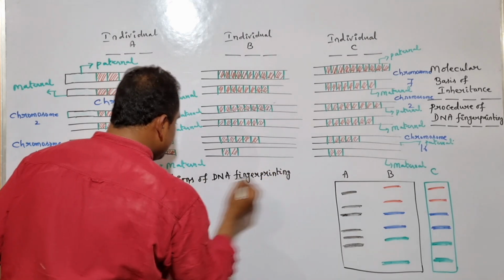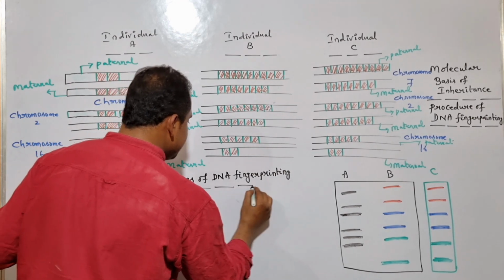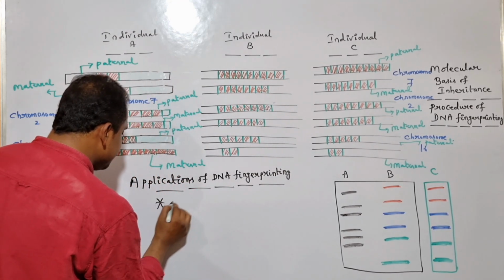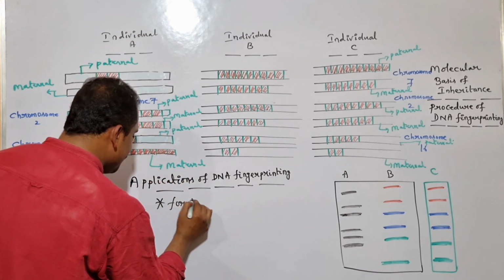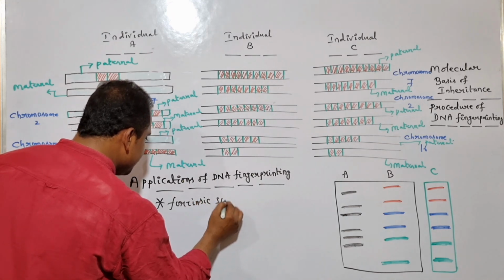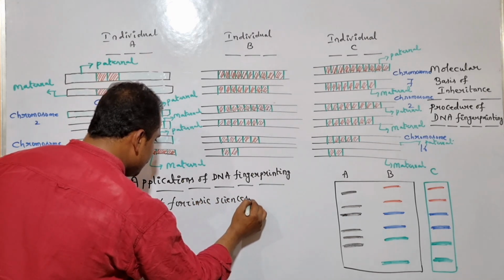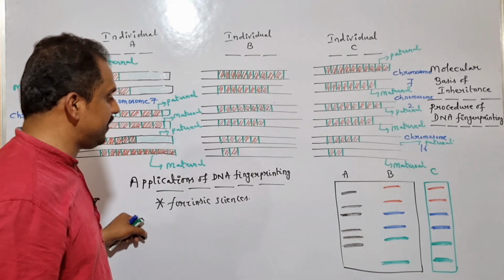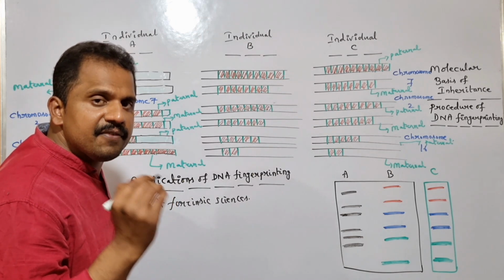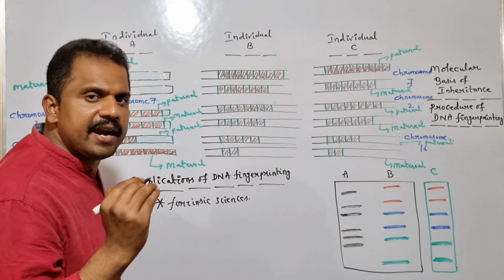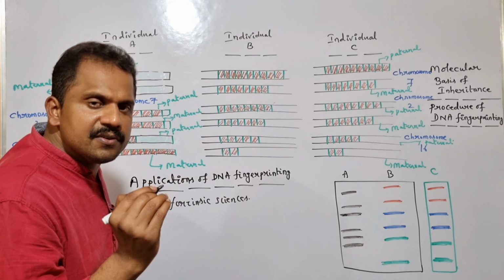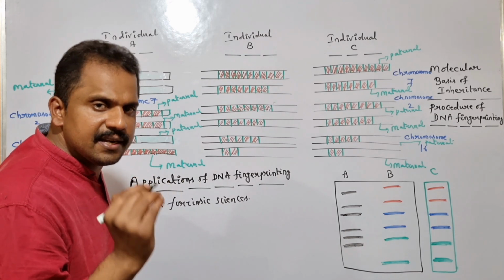It is most commonly used in forensic sciences. Is it clear? Let me write it on the board. Forensic sciences. That means in order to identify criminals, rapists, and even to resolve parental disputes, DNA fingerprinting plays an important role.